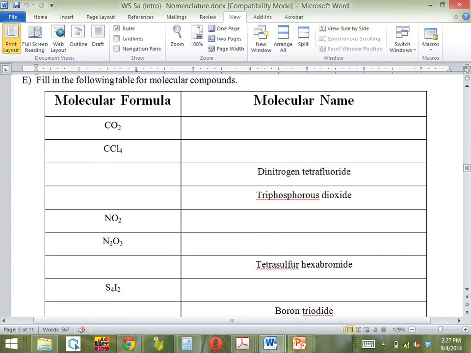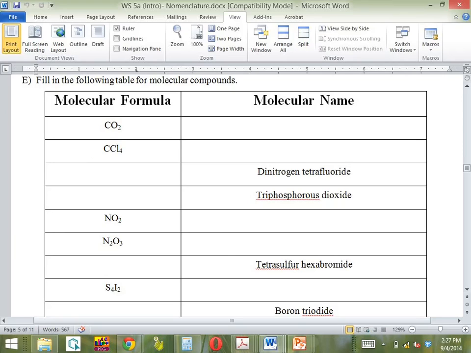Part E is molecular compounds. They're giving you formulas or names and asking you to write the other. Molecular compounds, all of these are binary, 2 elements, and this is where you can use the prefixes. Di, tri, tetra, etc. Remember, if the first element only has 1, we usually leave that off. So here for carbon, we're just going to say carbon.